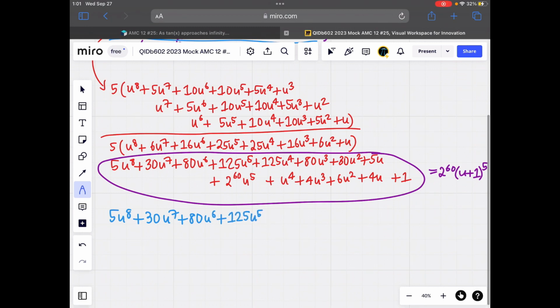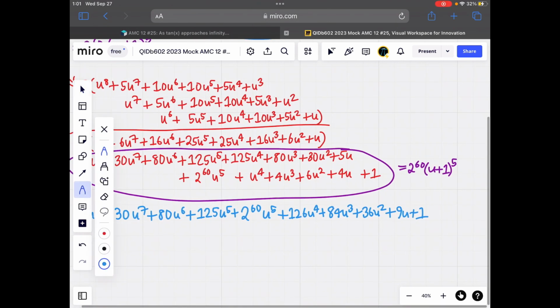I'm going to keep that separate from 2^60 because it's a really large number, u^5, plus 126u^4 + 84u^3 + 36u^2 + 9u + 1. And all this is equal to 2^60 times (u + 1)^5.